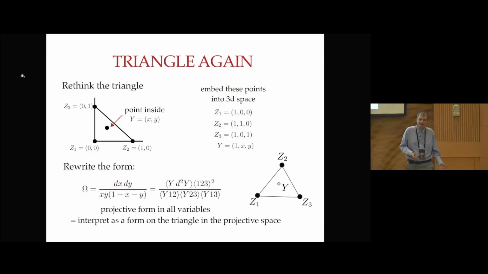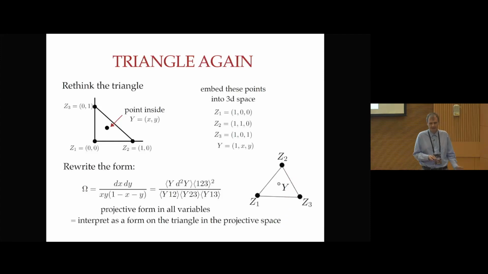Now, why this is interesting or useful is because this form is actually projective in all variables. So if we rescale Z1, Z2, Z3, or Y, this form is projective. So this is not only a form for these artificially embedded coordinates in three-dimensional space, but it's actually a form on the triangle in the projective space. So you can now think about these coordinates as projective coordinates, and this is a projective plane, not just a real plane, but projective plane.